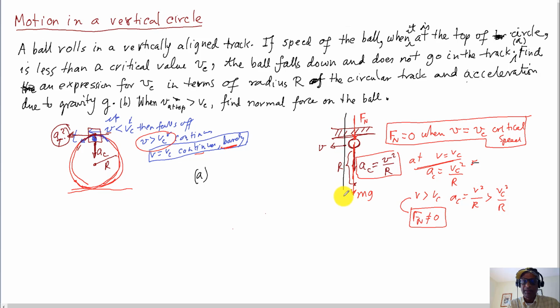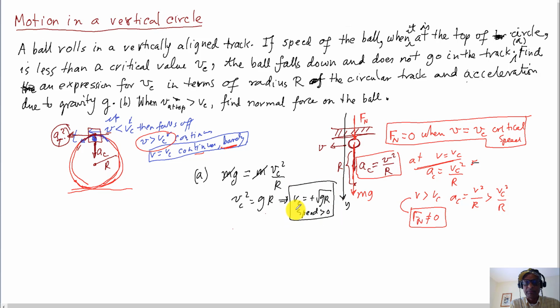If I take this as the y-axis, then mg is a positive component, equal to m vc square over r, and right away we see vc square equals gr. Since speed is positive, I just take the positive root: vc equals the square root of gr. Okay, so this is part A.